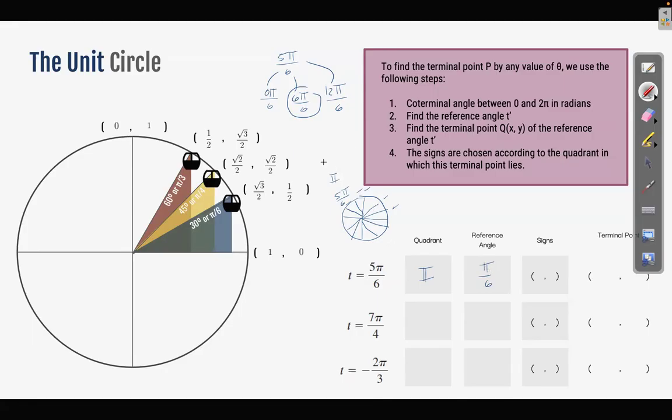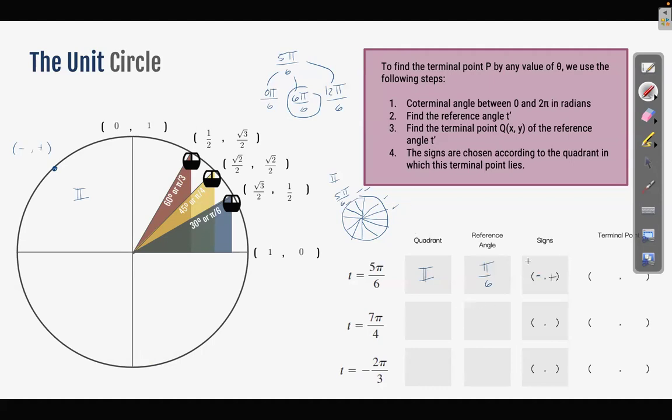Now, we're talking about this angle being in quadrant number 2. This is a quadrant where the x is negative and the y is positive. We're going to be expecting negative and positive.